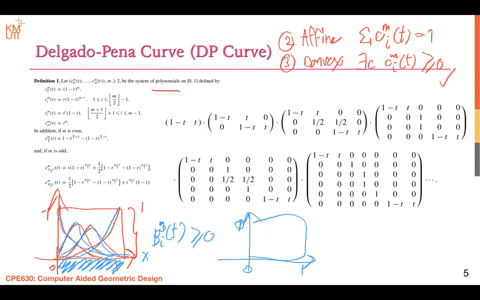If we can plot that, we can prove that the DP curve lies only in this region.